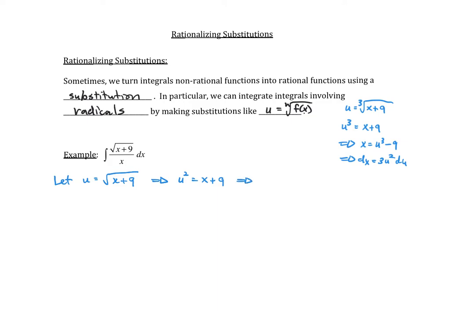I could get x is equal to u squared minus 9. Now let me differentiate both sides. Differentiating the left-hand side, you get dx. Differentiating the right-hand side, you're going to get 2u du.